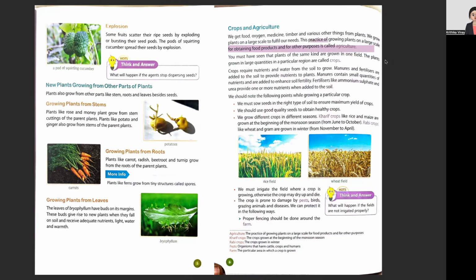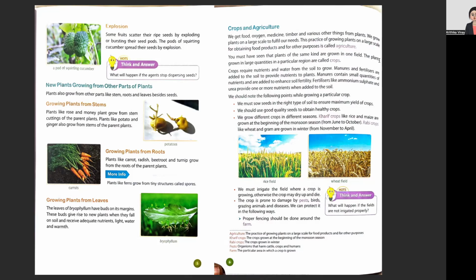The basic meaning of this means the practice of growing plants on a large scale. Okay? That's agriculture. You must have seen that plants of the same kind are grown in one field.